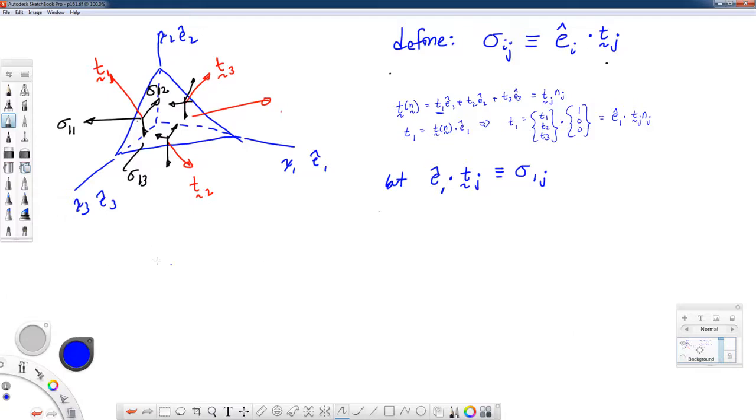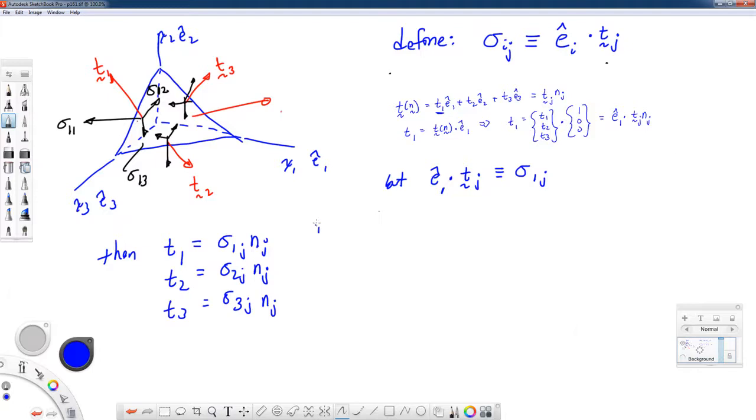But in this case, our T1 component would be equal to sigma 1j nj. Our T2 component would be equal to sigma 2j nj. And our T3 component would be equal to sigma 3j nj.